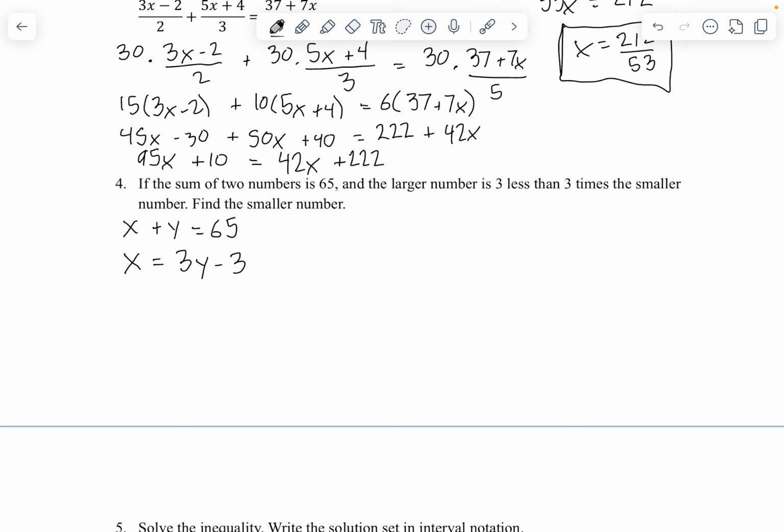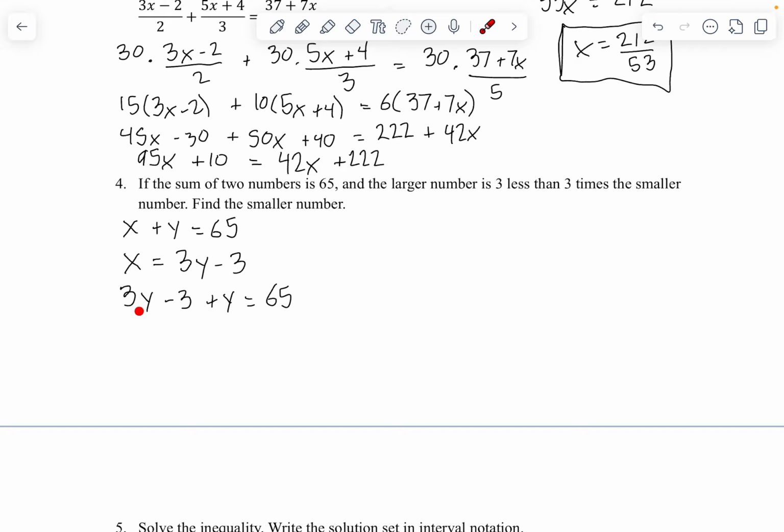So I can treat this as basically a system of equations, and I can solve this using the substitution method. This equation here is solved for x, so I can substitute it into the first equation. So that gives me 3y minus 3 plus y equals 65, right? I just took the first equation and replaced the x with 3y minus 3.